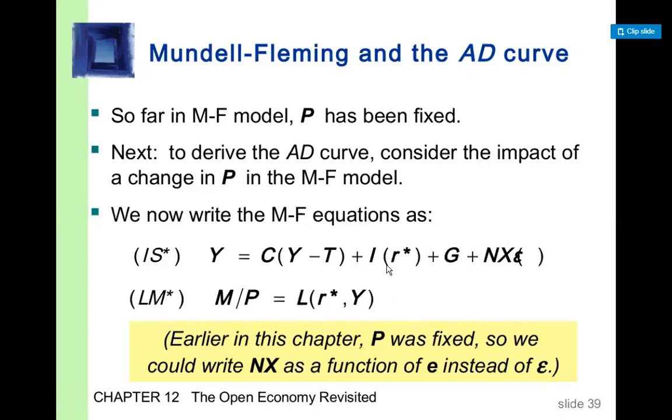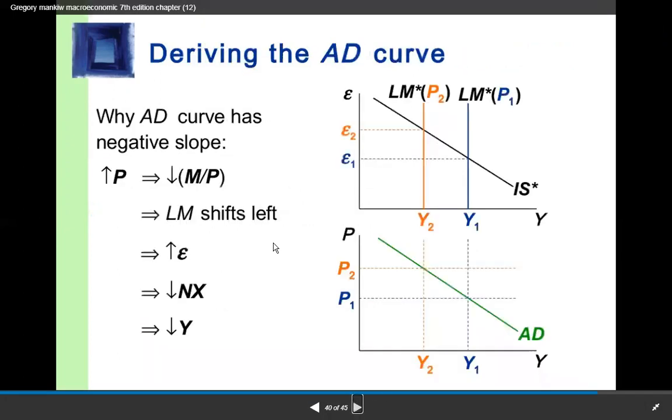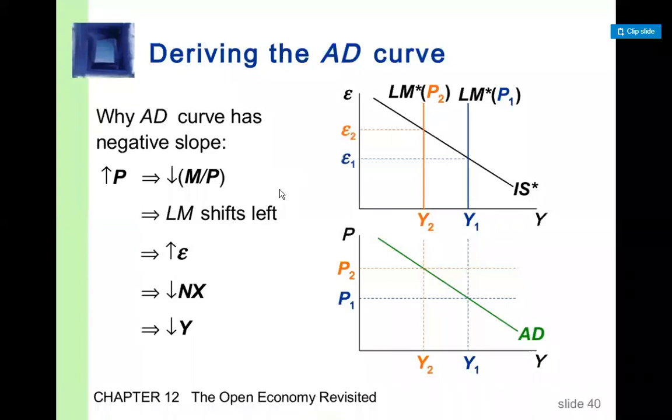So these two equations are very important, which we have already done. But here we make a little change: the price level is not fixed. Before that, there was a fixed price level in the small open economy. Now the price level is changed. What happens when the price level is changed?